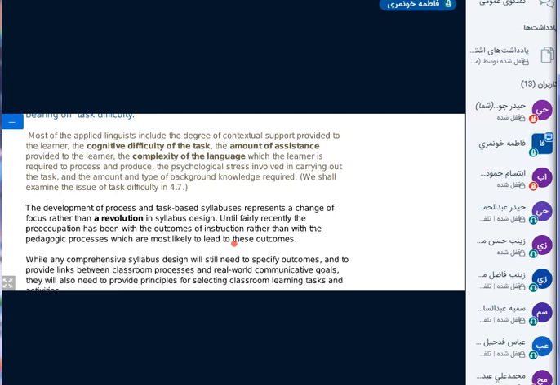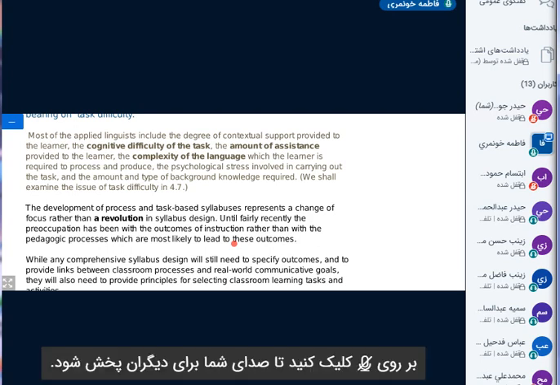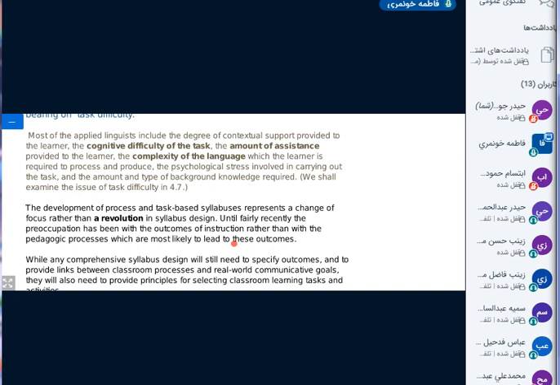What is expected of them, as is relevant to the complexity of the language to be processed and produced, is not appropriate. The next one is the psychological stress which is involved in carrying out the task. How much psychological stress is involved? The more the stress, the lower or the more difficult the task would be. The lower the stress, the easier and the more interesting the task would be. And last but not least is the type of background knowledge which is required.